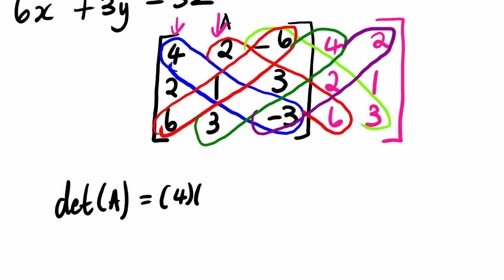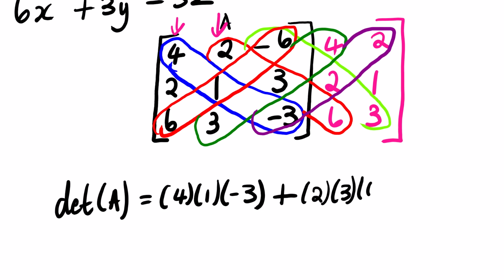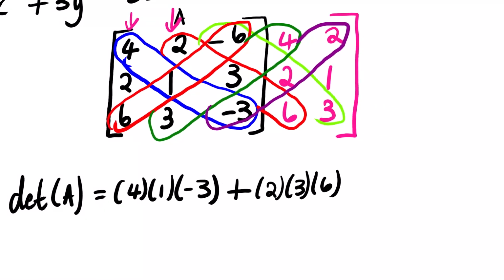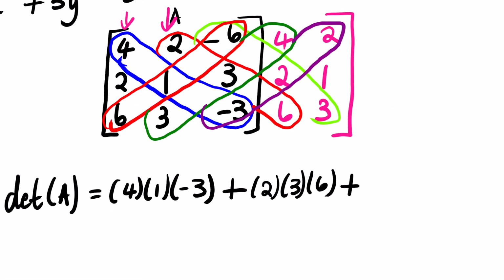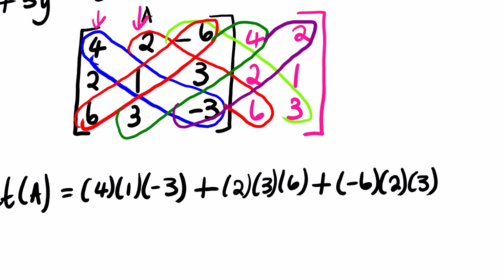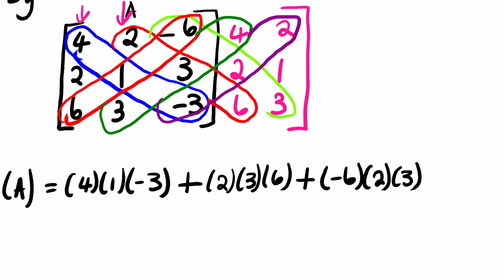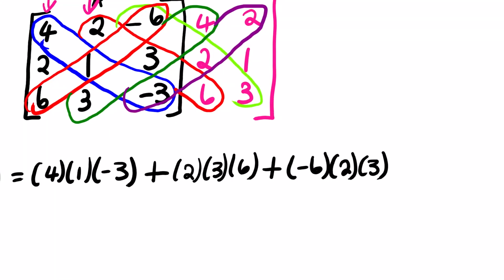We have 4 multiplied by 1 multiplied by -3 plus the second diagonal, which is 2 multiplied by 3 multiplied by 6, plus the last diagonal, which is -6 multiplied by 2 multiplied by 3. Then for the second diagonals, we minus. So the first diagonals minus the second diagonals.